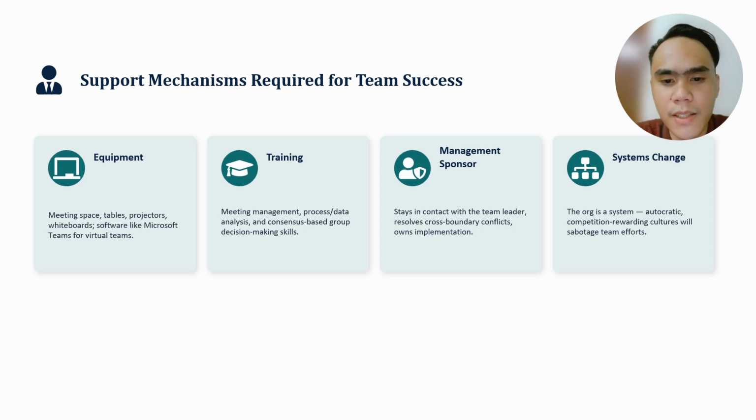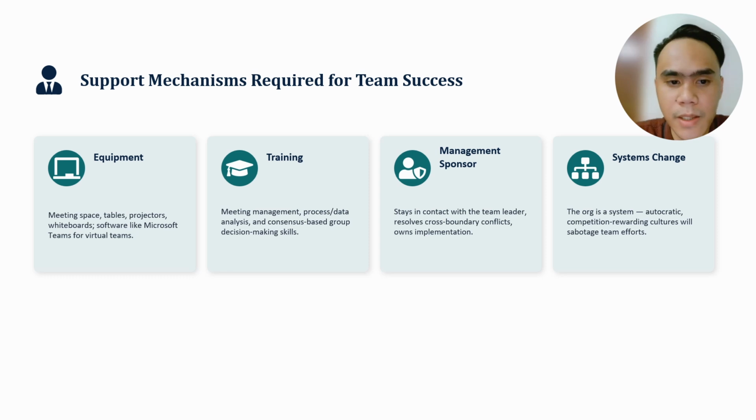The sponsor typically has the authority to cross organizational boundaries that ordinary members would otherwise have to negotiate themselves, which lets the sponsor resolve certain types of issues much faster. And the sponsor is ultimately responsible for the effective implementation of whatever the team recommends. The buck stops with them, not the team.